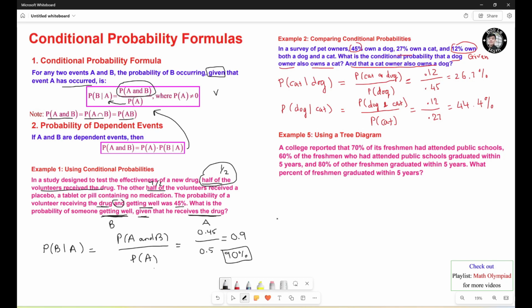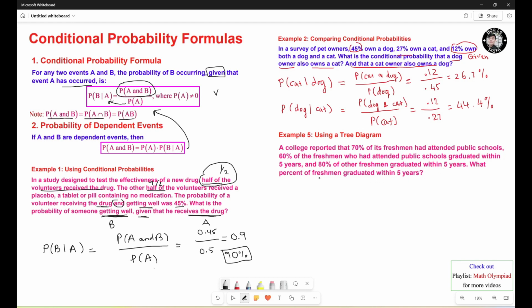Now let's move on to the last example. We're going to use a tree diagram. A college reported that 70% of its freshmen had attended public schools. 60% of the freshmen who had attended public school graduated within 5 years, and 80% of other freshmen graduated within 5 years.